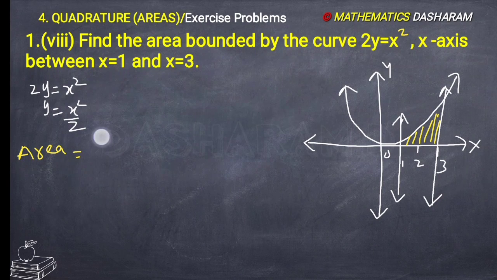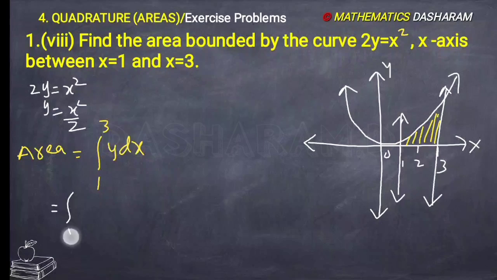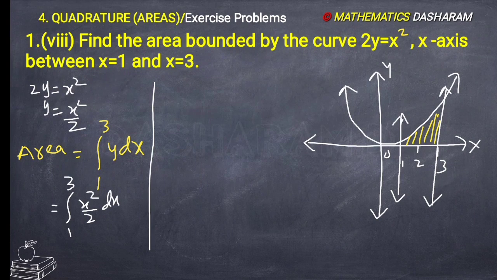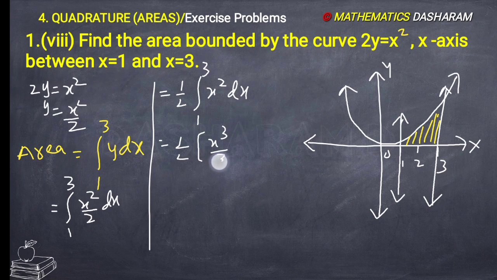So area equals integration, here the ordinates 1 to 3, no? Integration 1 to 3, y equals what? x square by 2 dx. So it is equal to 1/2 constant, so integration 1 to 3 x square dx, and the integration of x square is x cube by 3, from 1 to 3.